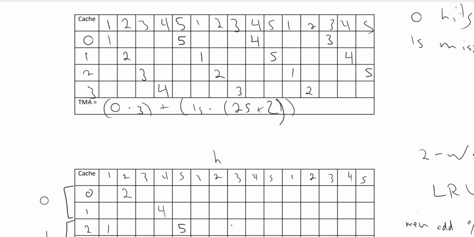That's going to replace this one. 4 is a hit. 5 is going to replace this one. 1 will replace that one. 2 is a hit again. 3 will replace this. 4 is a hit again. And then 5 is going to miss.